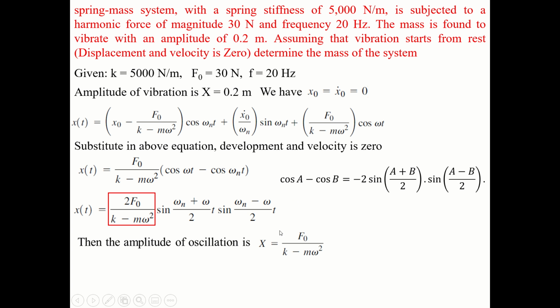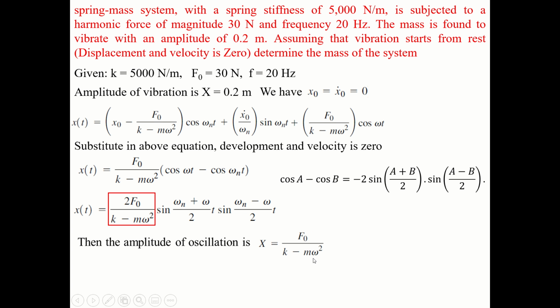So the peak amplitude of vibration is x equal to f naught divided by k minus m omega square.